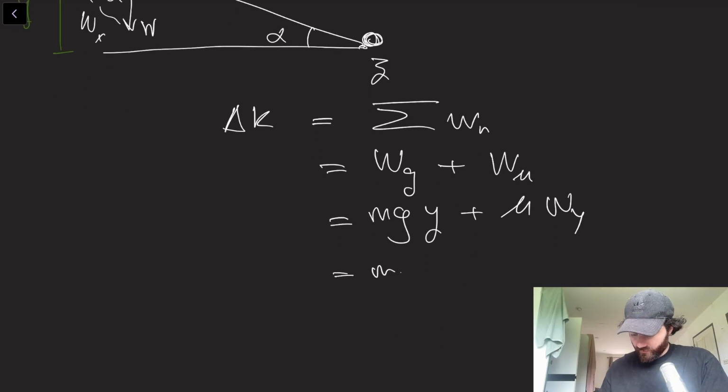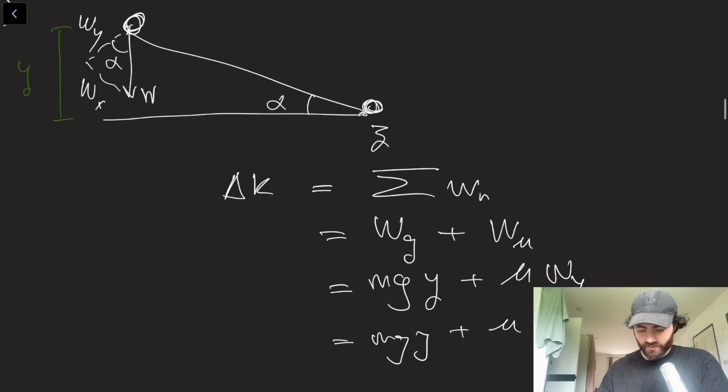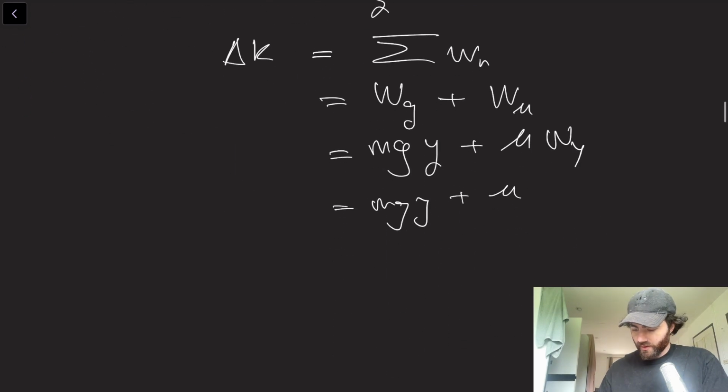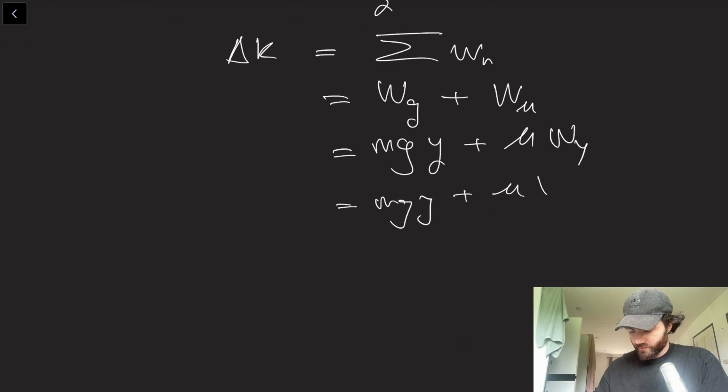So this will be mgy plus mu Wy. Wy, you resolve this vector, you get cos alpha equals Wy over W. So Wy equals W cos alpha, and W is mg.